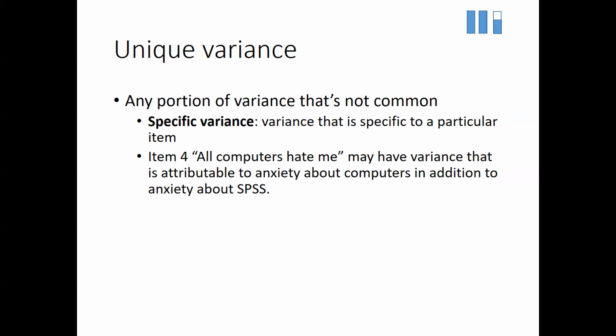Or is it maybe variance that has something to do about anxiety about computers in general? Maybe someone just always has trouble even getting into Microsoft Word or Excel, right? There's other factors at play here. And so even though someone with anxiety about computers may also have anxiety about SPSS, that means that it's probably not specific to one particular item, right?